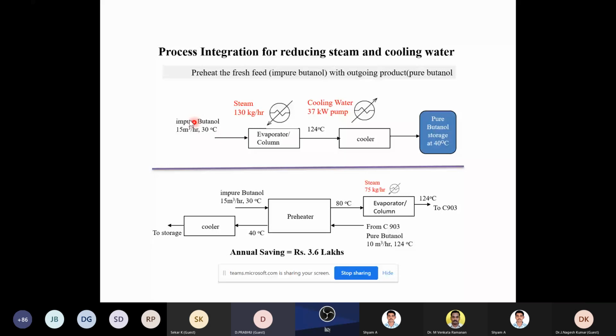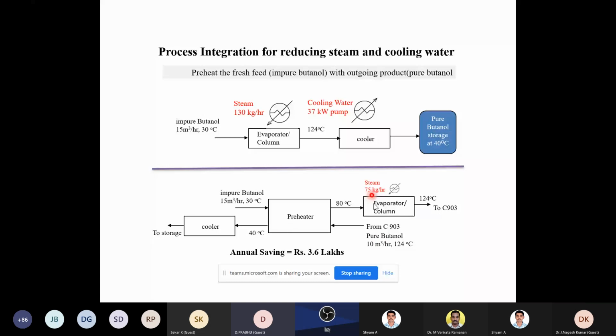So we have taken this line from here, 124 degrees, and put another preheater before the evaporator column. Pure butanol goes here at 124, and it gets cooled to 40 degrees. So this cooler is not at all required.